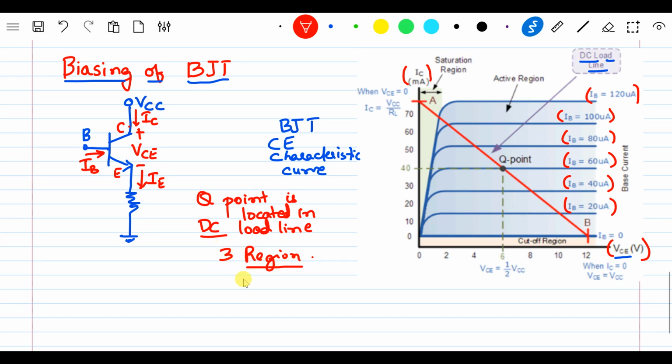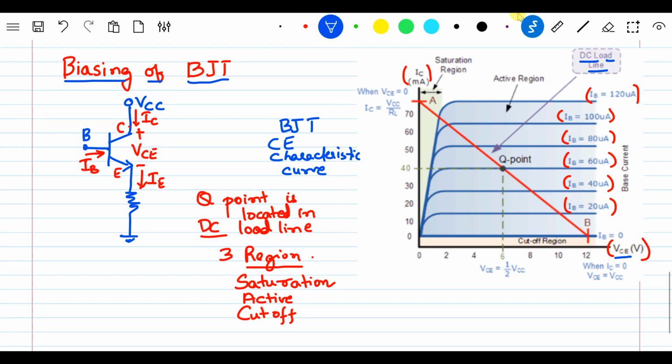Out of which one is saturation, another region is active, and the third one is cutoff.